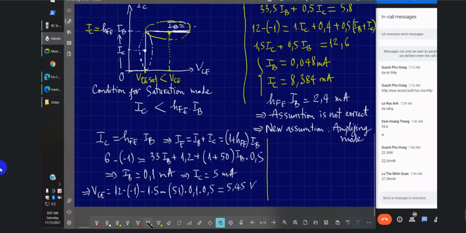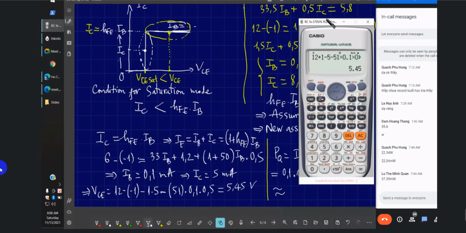Okay, so our power dissipated by the transistor, P of the transistor, is IB VBE plus IC VCE. Then you get the result: 0.1 multiplied with VBE 1.2 plus IC 5 multiplied with 5.45. It is close to the result, but it's not the right result.